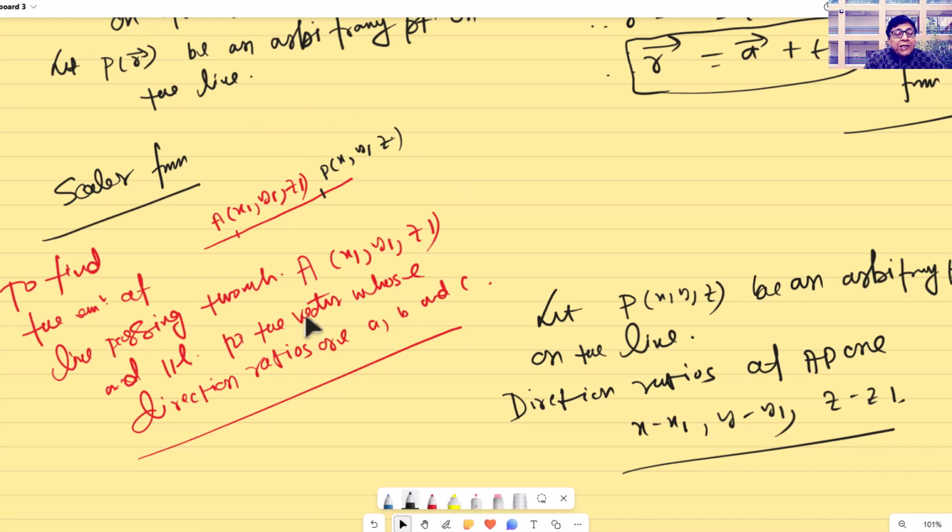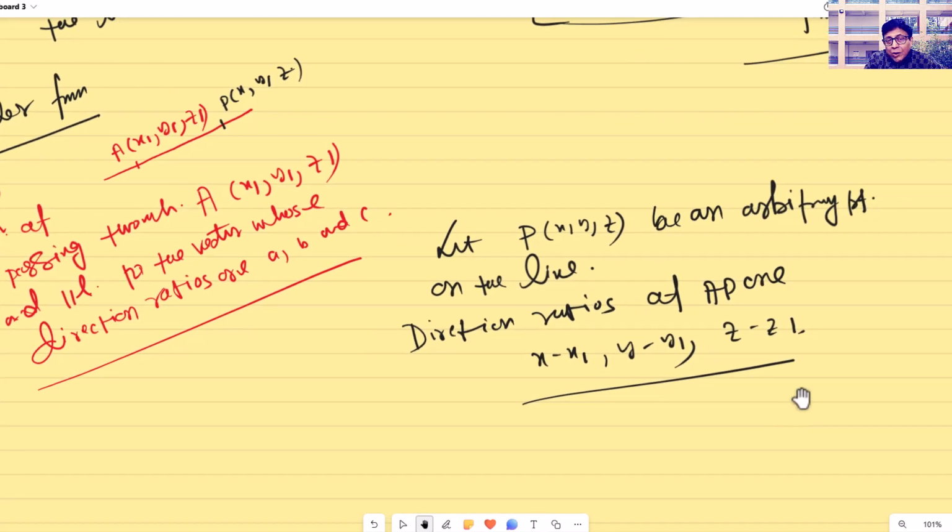But you have stated that direction ratios are A, B and C. So these two quantities equal or proportional, that you have to decide. Equal we cannot assume, they must be proportional because line has direction ratios, you have stated A, B, C. But direction ratio you have got here, so they must be proportional.